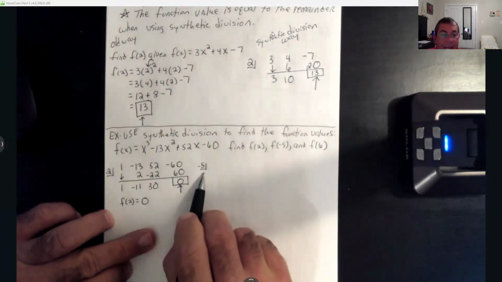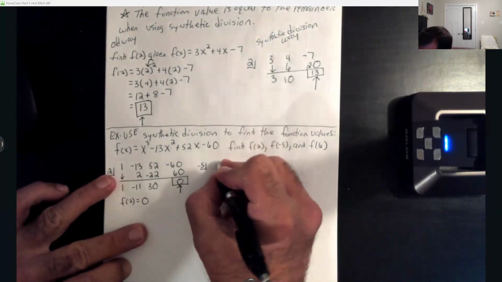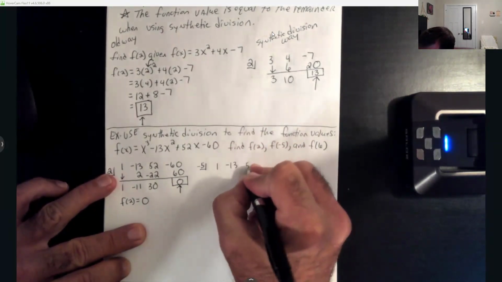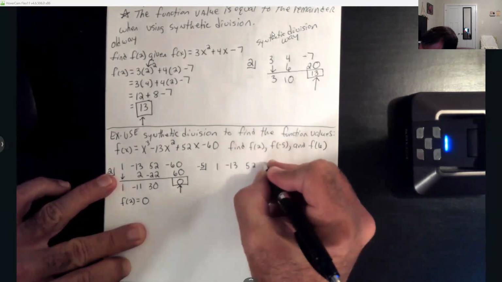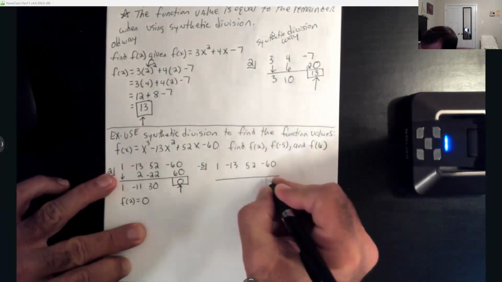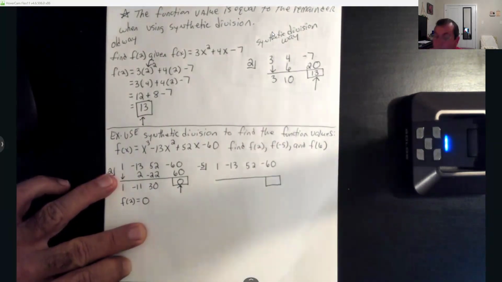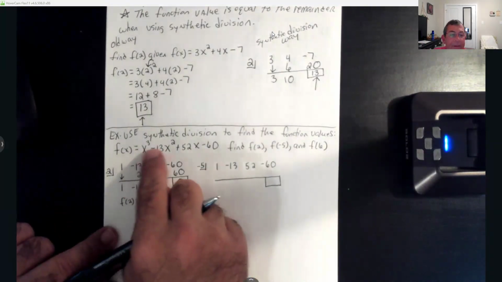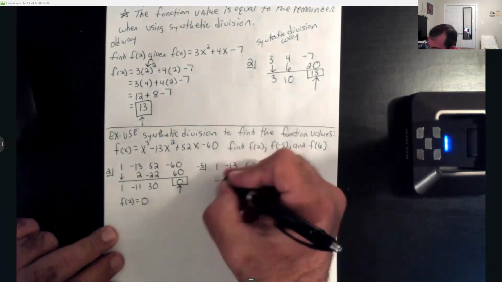So my new c is negative 5. I still got the same coefficients. 1, negative 13, 52, and negative 60. All right, y'all, so let's see what we get when we put a negative 5 in for all these x's.